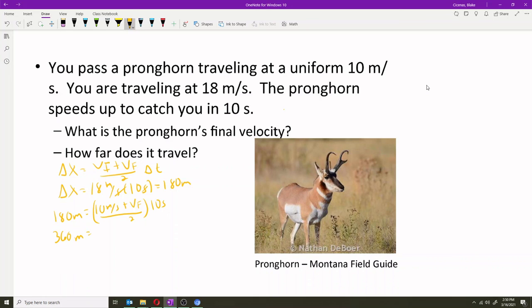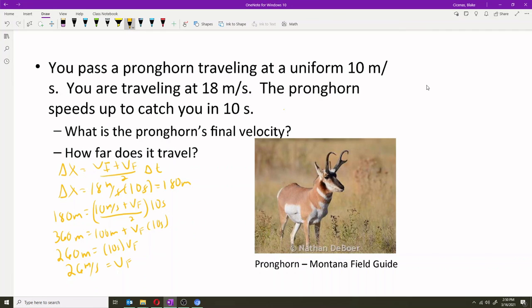It's going to give me 100 meters, since my seconds cancel, plus VF times 10 seconds, or 260 equals 10 seconds times my variable of VF. Divide the two out, and that gives you 26 meters a second as my final speed. Or, sorry, in this case, velocity.